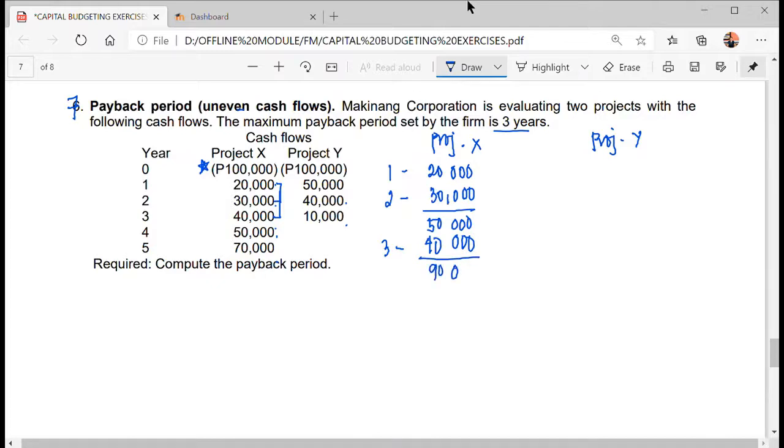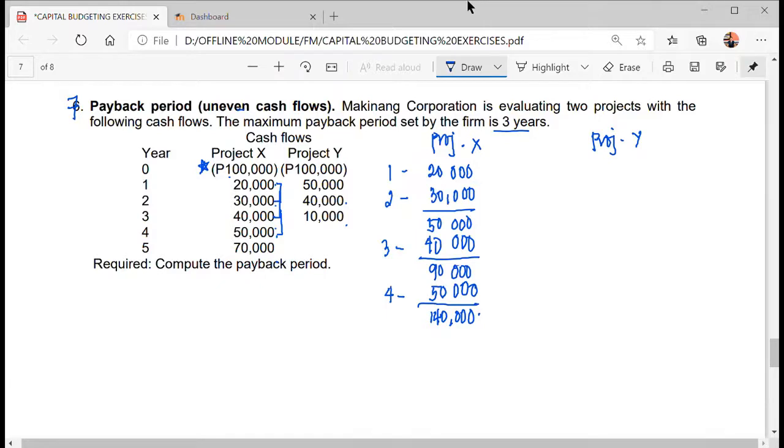So you have total of 90,000. Na-cover na ba ang initial investment? Wala pa gihapon. Pero duol-duol na kay 100,000 na tong gimit. So year 4 ada na sad nato og another 50,000. So you have total is 140,000. Na-cover na ba atong initial investment? Yes, na-cover na. Kay sobra na ang amount.